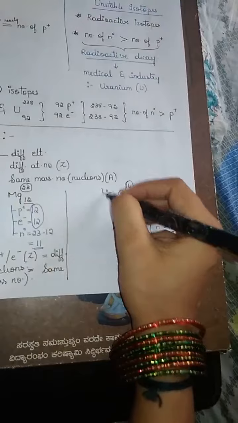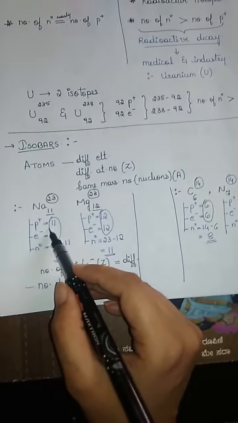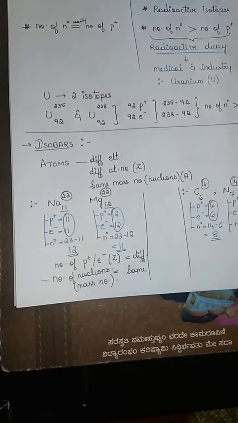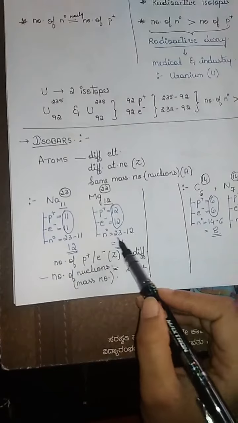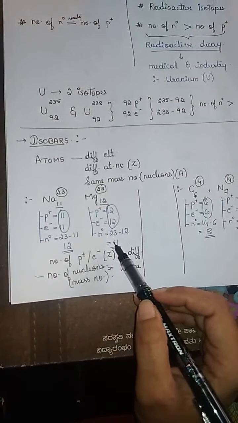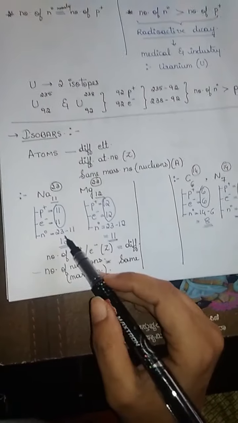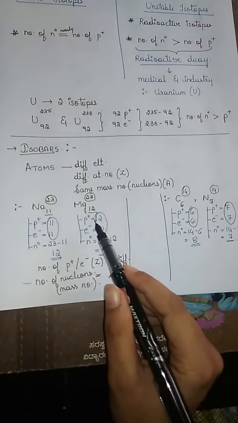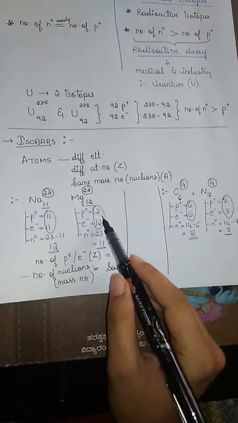Now, in this example, you can see the number of protons in sodium is 11, and the number of neutrons in magnesium is 11. And the number of neutrons in sodium is 12 and the number of protons or electrons in magnesium is 12.